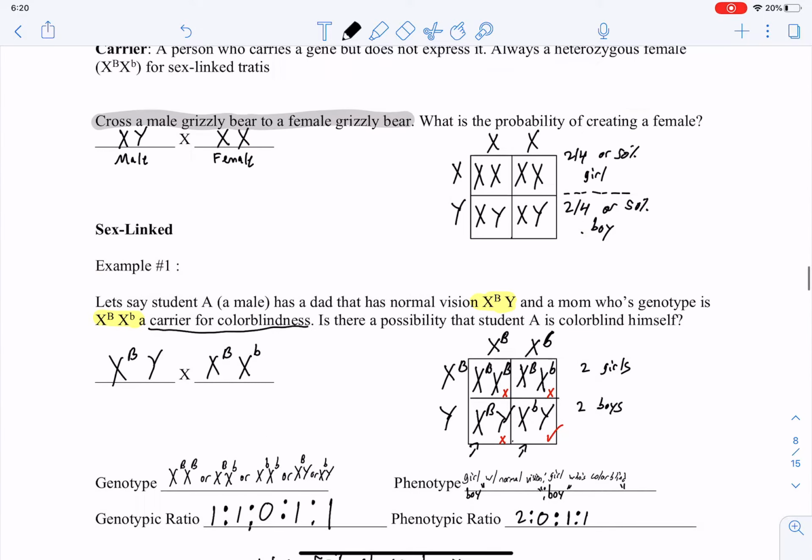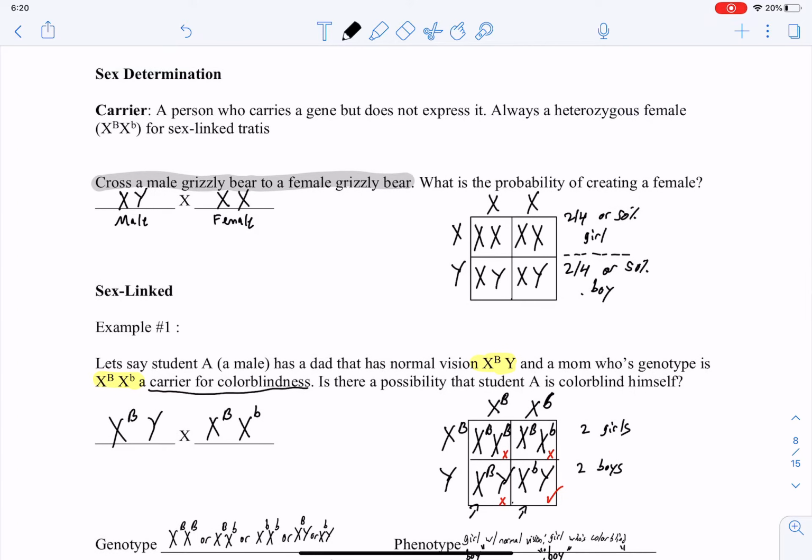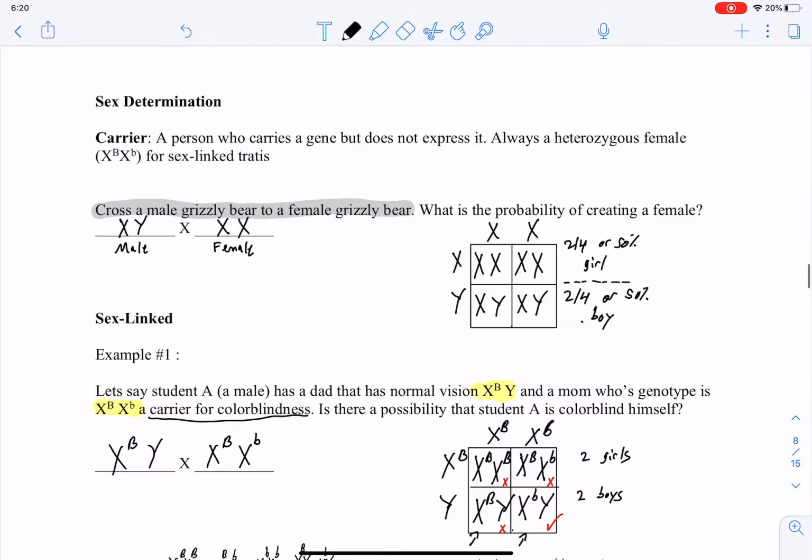And before we get into that more, we want to go back to this carrier. So a carrier you'll see in word problems, and a carrier is a person who carries a gene but doesn't express it. And whenever you see a carrier in a word problem, you know it's always going to be a heterozygous female, because females have those 2 X chromosomes, so they can carry 2 traits. Guys can only carry 1 trait. So it's impossible for a guy to carry a sex-linked trait and not express it.